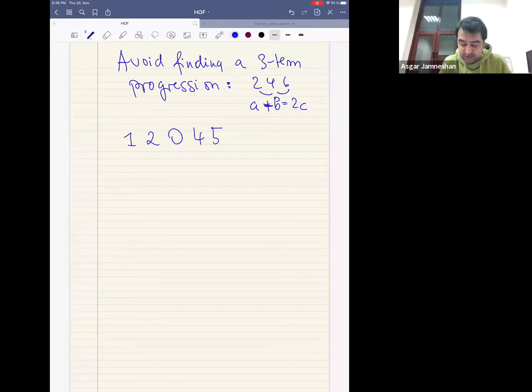But again, you cannot take 6, because if you would take 6, then 2, 4, and 6 would form a 3-term progression. You can also not take 7, because 1, 4, and 7 would form a 3-term progression. All right, so you cannot take 7, but you can take 8.